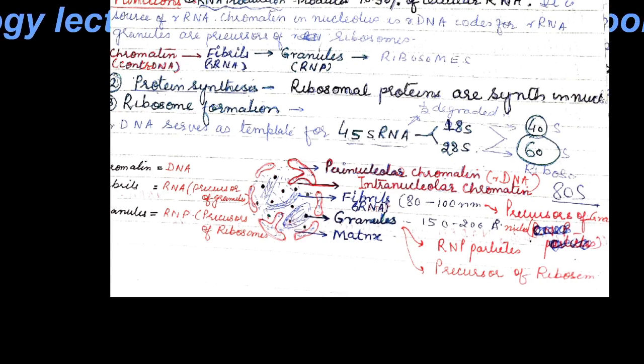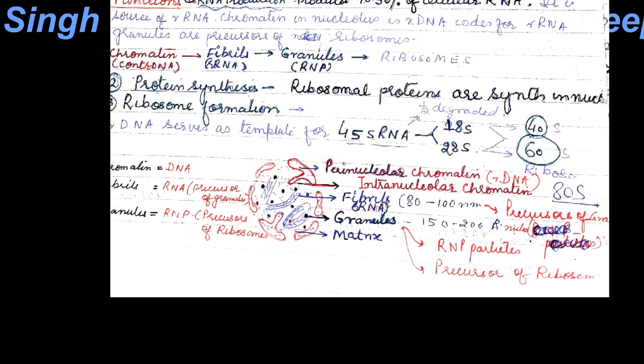See the structure of the nucleolus. The outer part, which is shown in red color, is DNA, and the RNA precursors inside this in the matrix are RNA fibrils, which are rRNA fibrils.